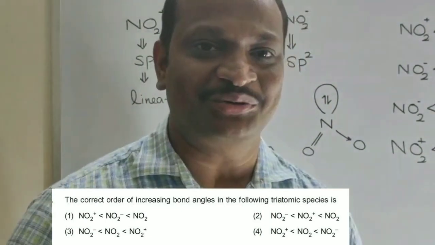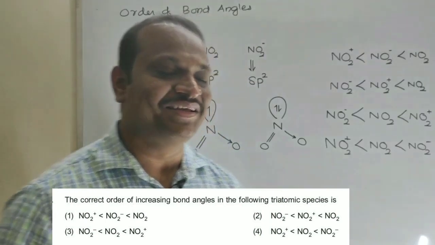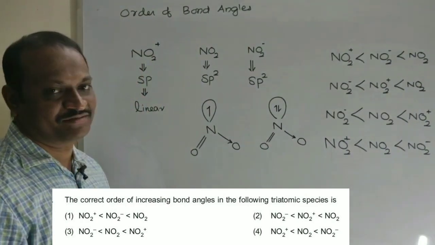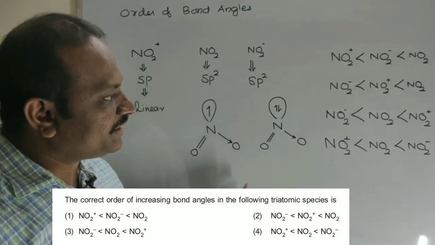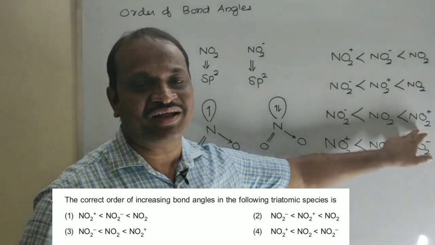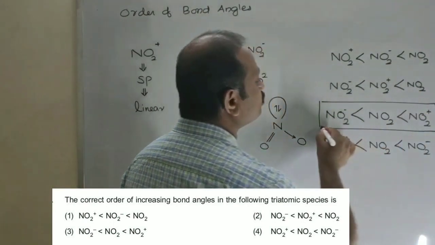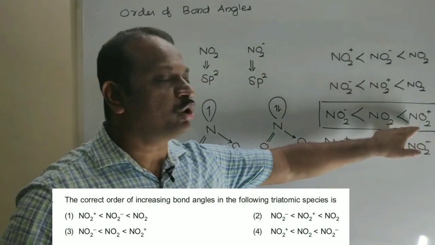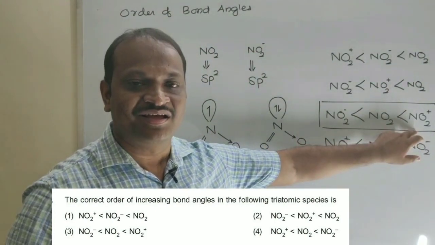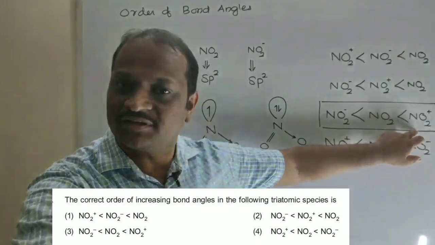So there is no doubt who has the maximum bond angle, it's NO2 plus. NO2 plus has the highest bond angle in option 3. So obviously that will be your answer.